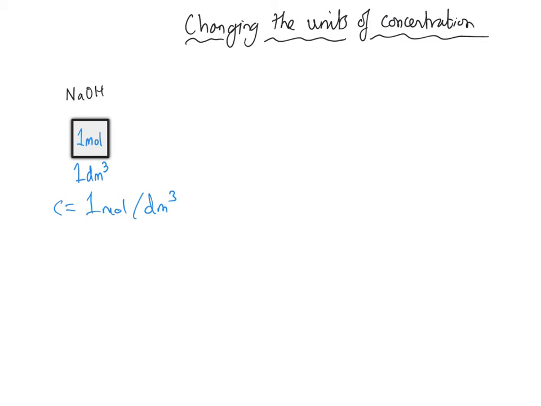Now, if we took that same situation and instead of using moles, we got rid of moles and we put that as a mass instead. Now, let's put that as 40 grams. And so we know that we can change the units of concentration. It's not going to be 1 mole per decimeter cubed anymore. It's going to be 40 grams per decimeter cubed on there.